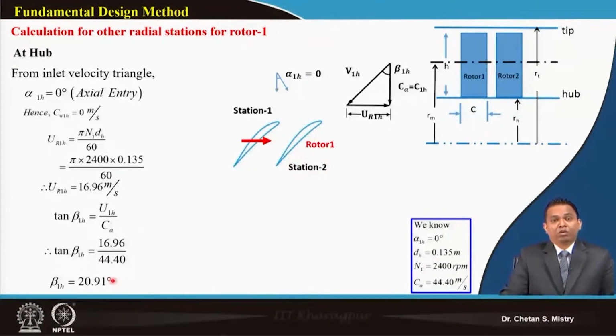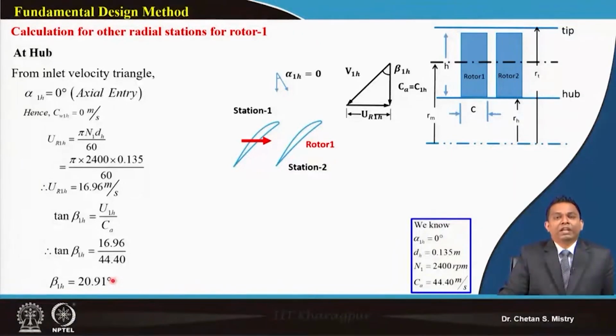So, in line with the calculation we have done at the mid station, this calculation needs to be done at both hub as well as tip. I could just say you do this calculation, but it is better to explain, so that it builds the confidence in you how exactly this calculation needs to be done.